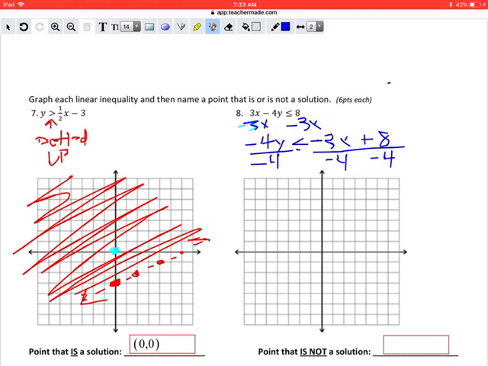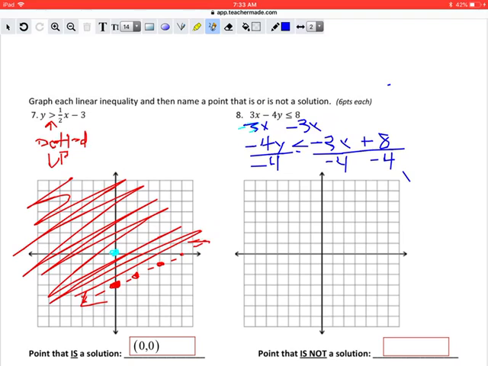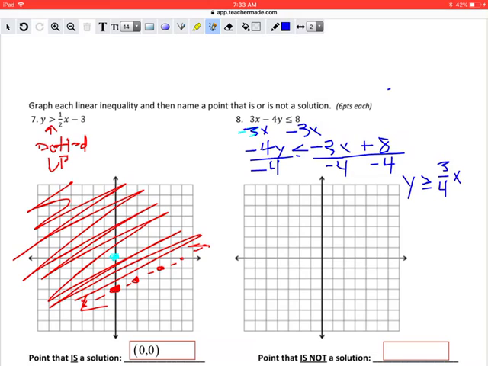So I get my final equation, y greater than or equal to, because I had to flip, and that's negative divided by negative is positive 3 over 4 x minus 2. 8 divided by negative 4 is negative 2. So negative 2 is my y-intercept, and I'm going up 3, right 4.